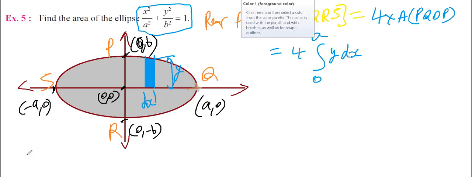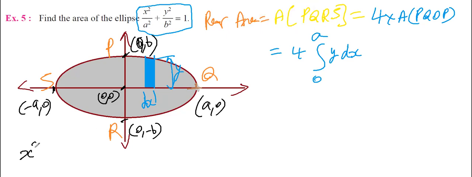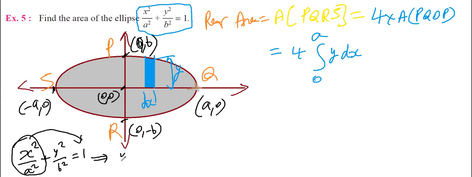Okay, so let's solve it over here. x square upon a square plus y square upon b square is equal to 1. I want to find y, so I will transpose this over here. So y square upon b square is equal to 1 minus x square upon a square. In the denominator I have a square, so I multiply by a square in the numerator and denominator.